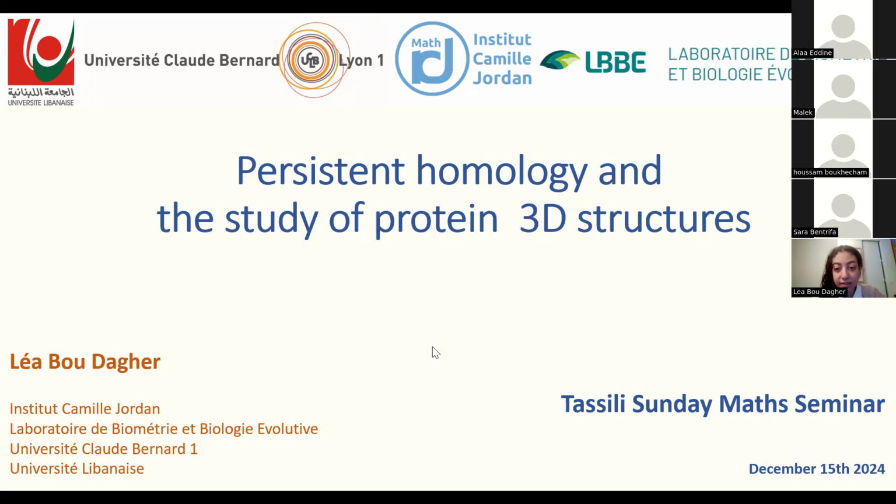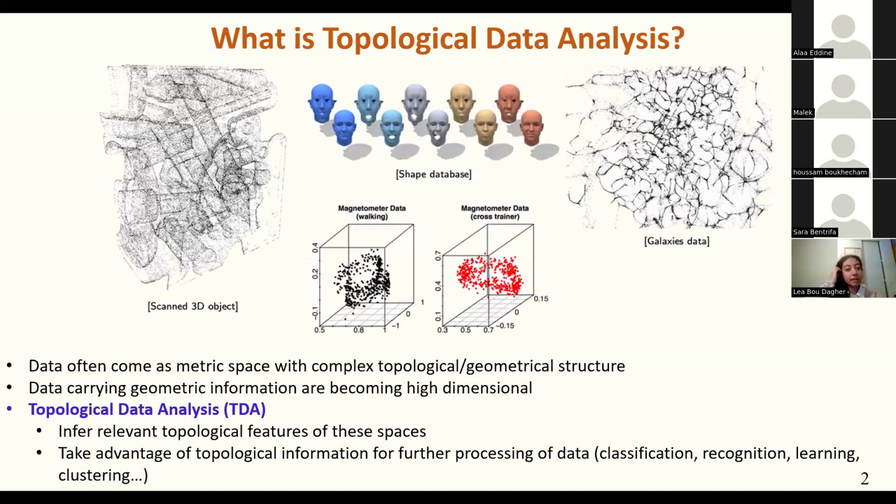So what is topological data analysis? Basically, the problem we are facing today is the amount of data we encounter in our everyday life. This data could be represented, for example, by a scanned 3D object. We can take an object, scan it, and have the coordinates XYZ in space.